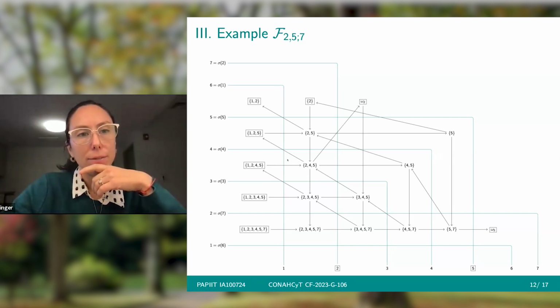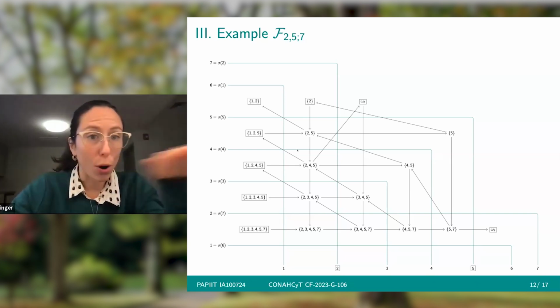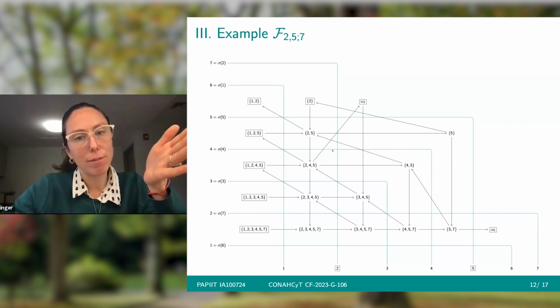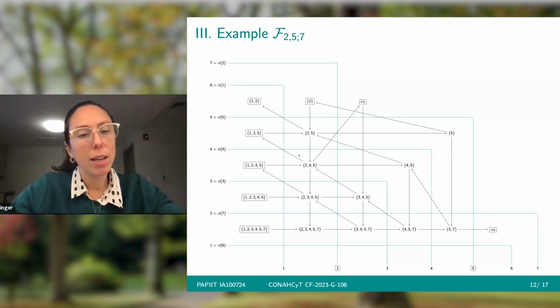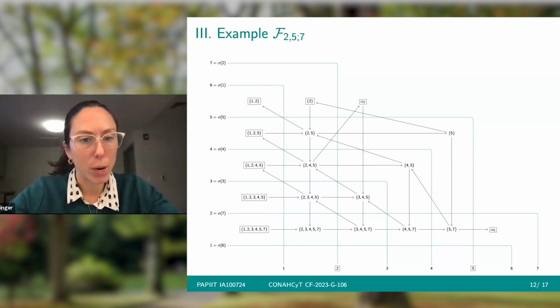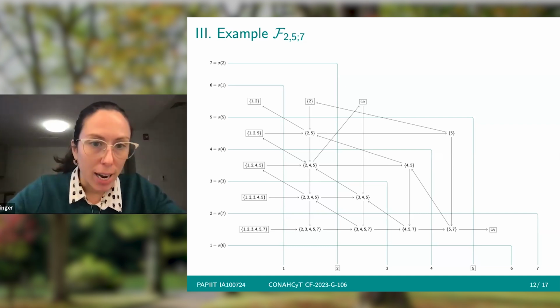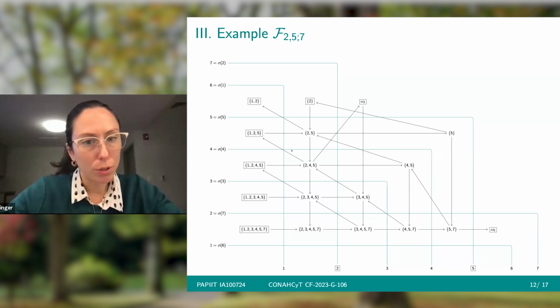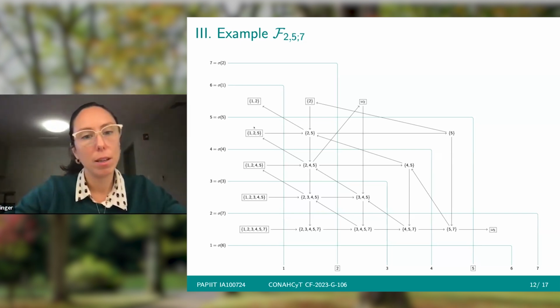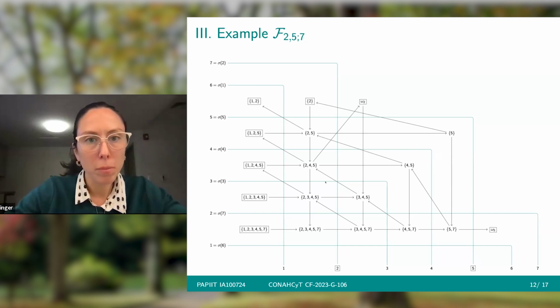And whenever I have vertical line segments, like to the left and to the right of this box, then I have an arrow from left to right. So here I have one from 1, 2, 4, 5 to 2, 4, 5, and to 4, 5. And then there are diagonal arrows that pass through the crossings from the southeast to the northwest. So this is this arrow.